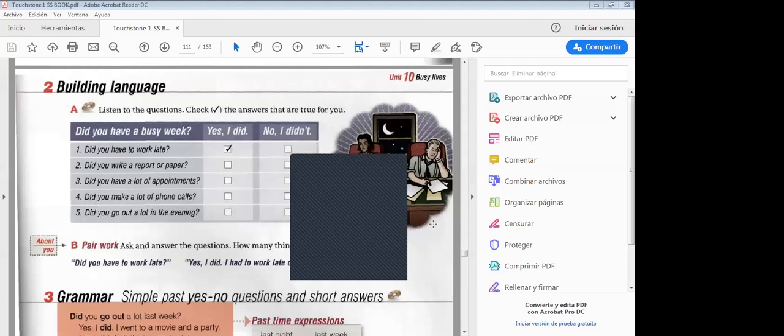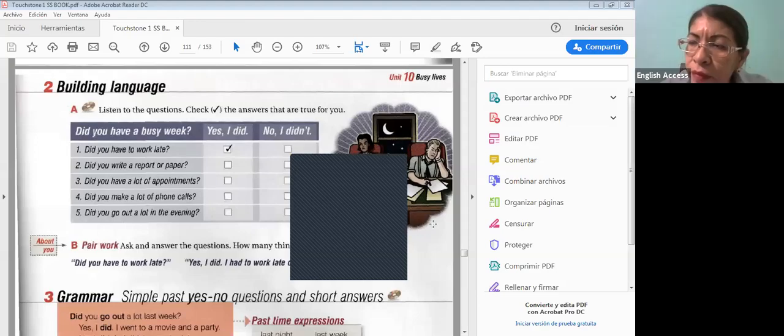Did you write a report or paper? 3. Did you have a lot of appointments? Did you make a lot of phone calls? 5. Did you go out a lot in the evening?